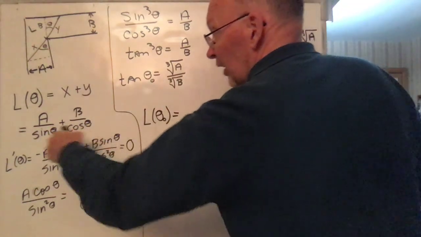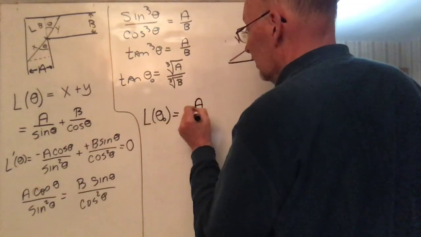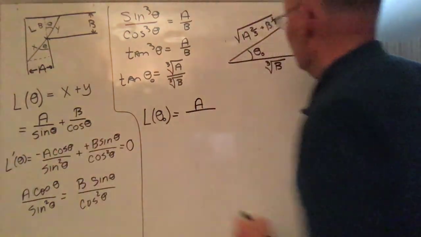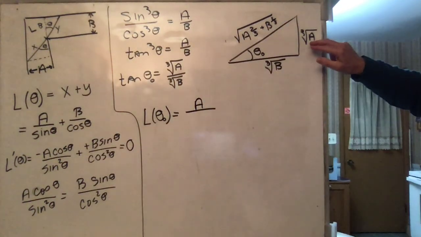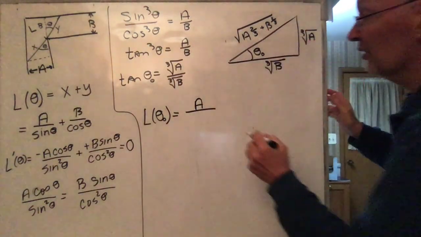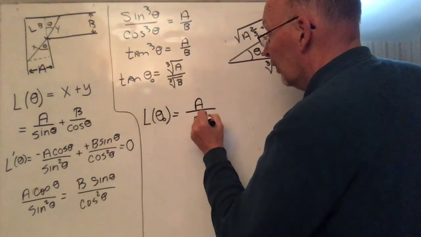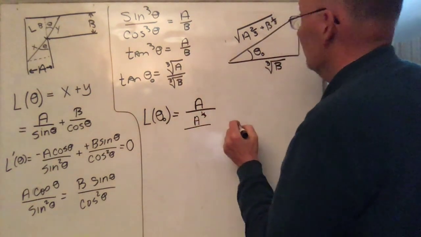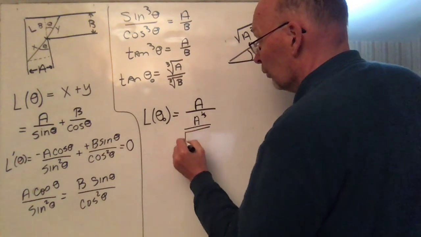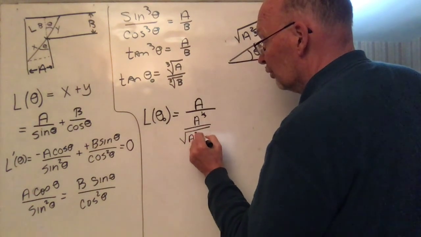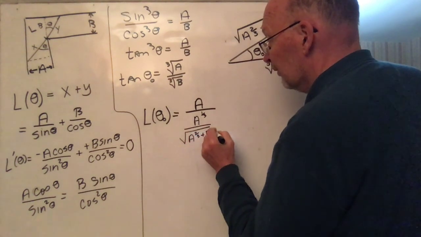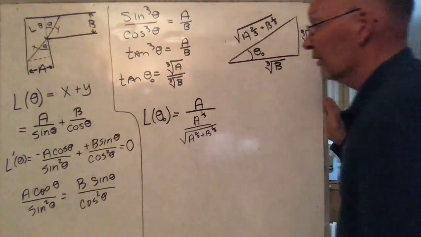We evaluate the length, and the length is a divided by the sine. What's the sine? The sine is this over this. So I'm going to write it as a to the 1/3 power divided by the square root of a to the 2/3 plus b to the 2/3. Agreed?